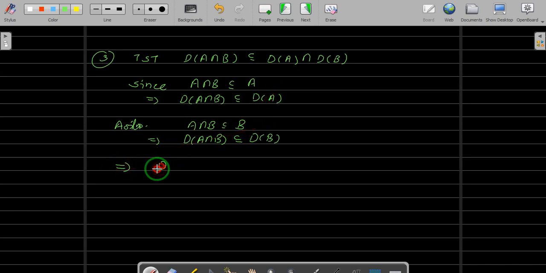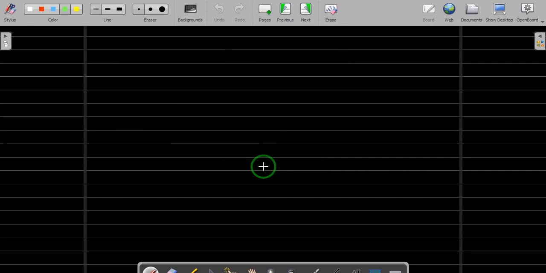This implies the derived set of A intersection B is a subset of the derived set of A intersection the derived set of B. As I said, you can find examples wherein the equality holds and wherein it does not hold. Alright, now let us go for the next theorem of this video, and then we will see the other results.